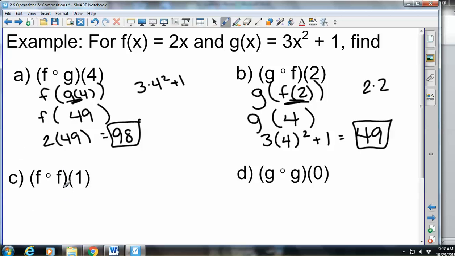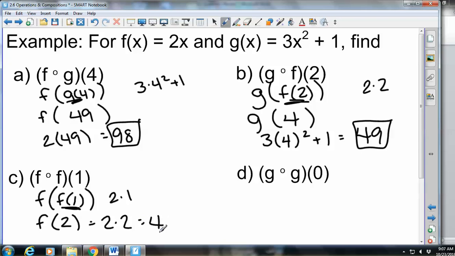Okay, c. So we have f of f of 1. So you start with f, plug in a 1, so 2 times 1 is 2. But we have to plug it into f again. So now if I put a 2 into f again, you get 2 times 2, which is 4.